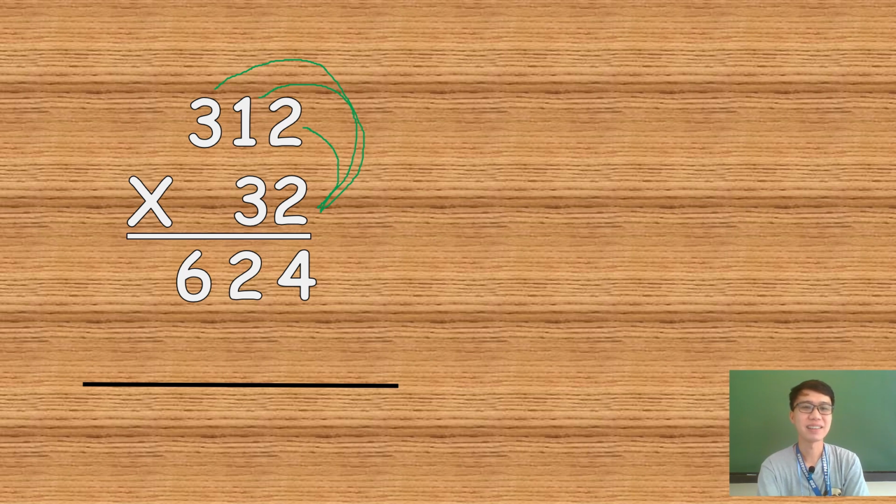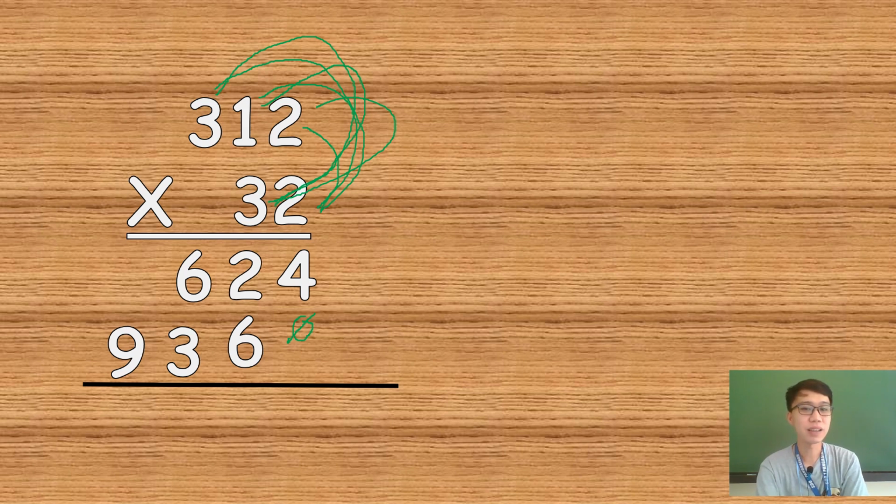Next, multiplier. 3 times 2 is equal to 6. Instead of writing 0 here, just leave it blank. So 3 times 1 is equal to 3. 3 times 3 is equal to 9.